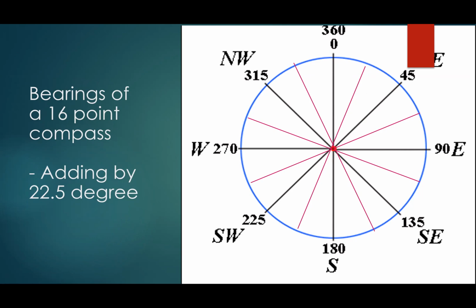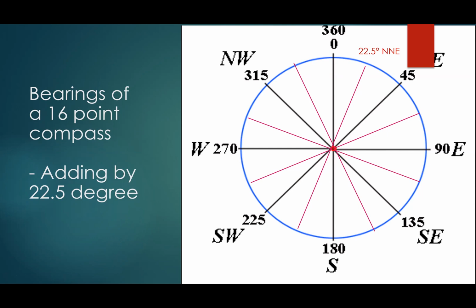Half of 45. I'm waiting on my mathematicians to calculate it for me. Half of 45 will give us what? 22.5. We're adding now by 22.5 degrees.